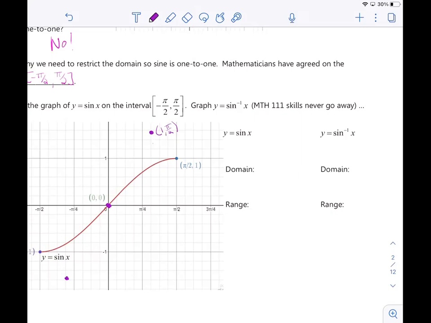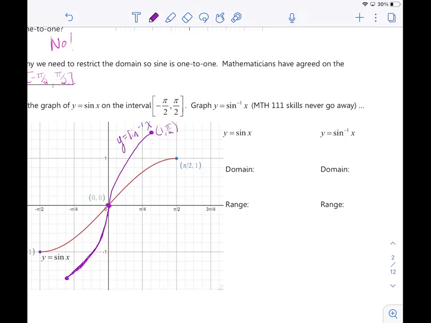And so what we end up getting is this inverse function for sine. So this is our inverse function for sine.